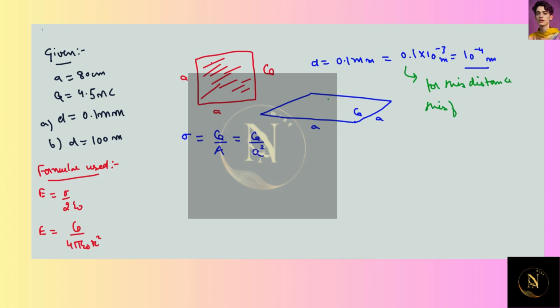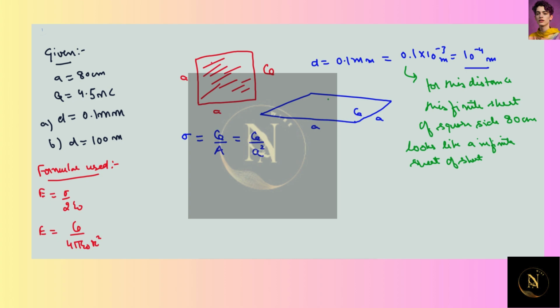This finite square sheet of side 80 centimeter looks like an infinite sheet of charge, because the distance between the sheet and the point is very small in comparison to the size of the sheet.